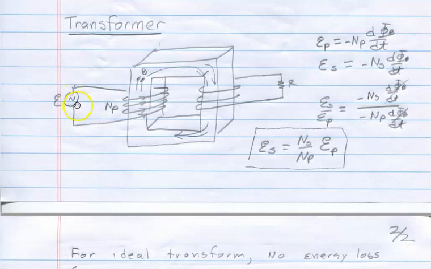in that we have over here the primary coil with an AC generation. It has a number of coils in it, NP. On this side is the secondary that has a number of coils N sub S, so the secondary coils over here.